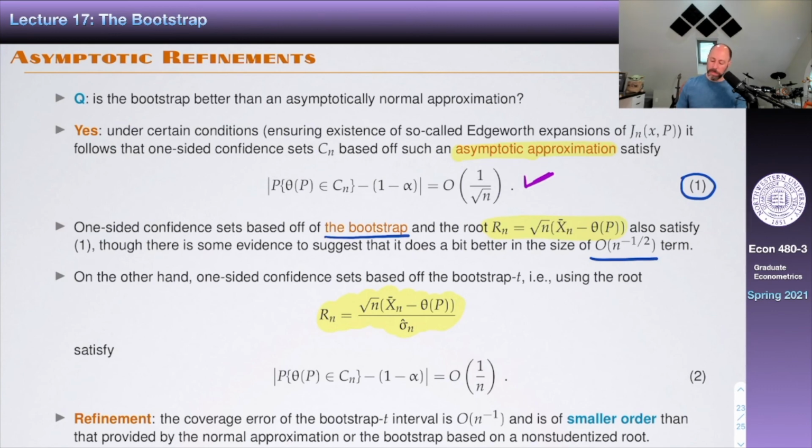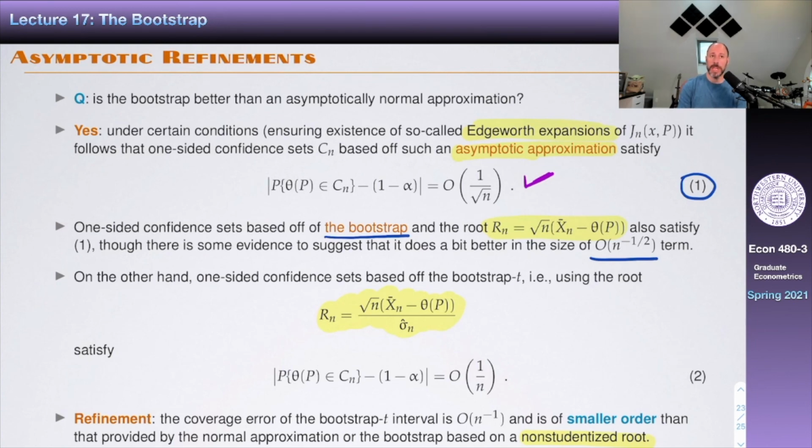So there are two things that are important in this slide. One, you need some technical conditions for the Bootstrap to give you this extra benefit. Those are the conditions that I call here the ones that give you the validity of an Edgeworth expansion. But two, it is important that you are using a root that is asymptotically pivotal.